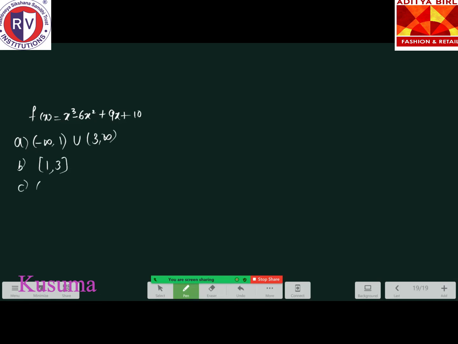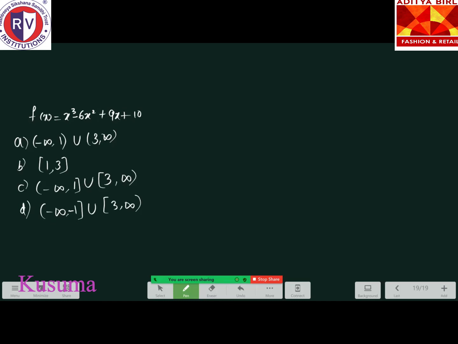Option C is minus infinity, comma 1, where 1 is closed, union 3, comma infinity, which is a half open interval. Option D, minus infinity, comma minus 1, union 3, comma infinity. These are the options given.